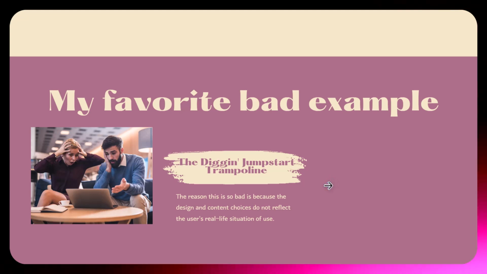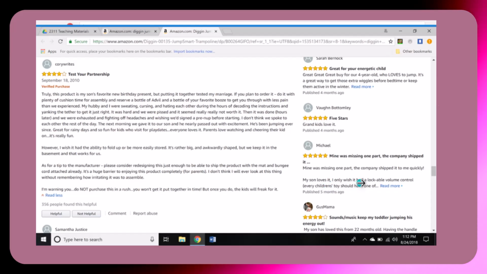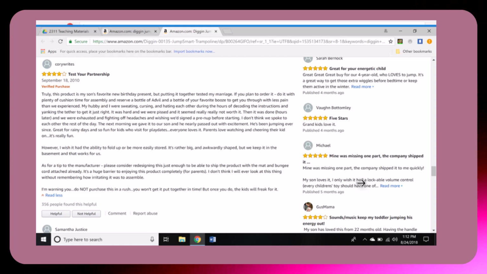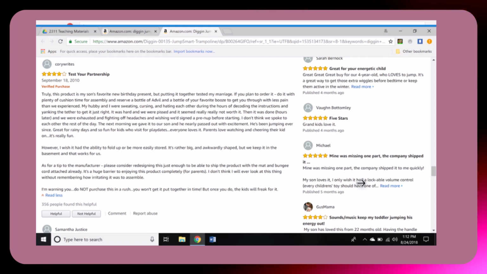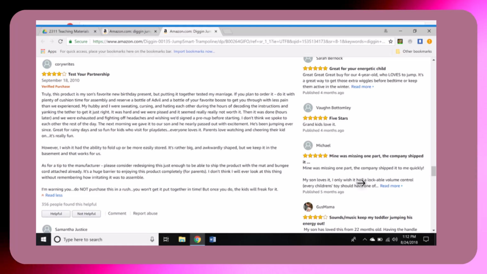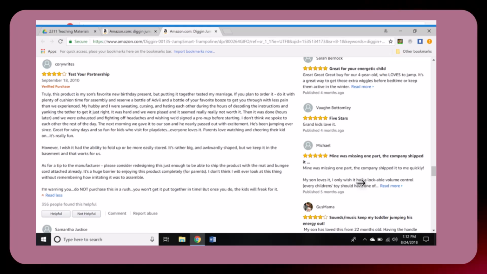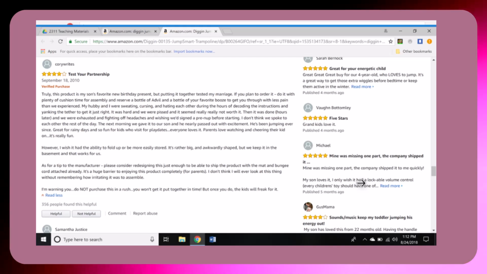And I wanted to show you this because when I was actually trying to put together this awful trampoline, I had to go look for information online because the instructions were so bad. So one of the places I found some really cool comments about this, not just the product, but the guide itself, was on Amazon. And some of these were really hilarious. If you've ever read Amazon comments, sometimes they're really funny, but that doesn't mean that they're not helpful.